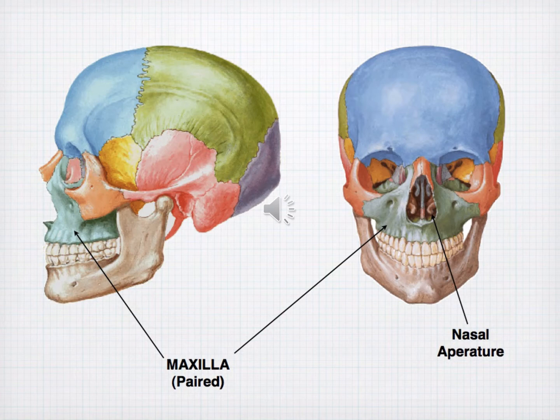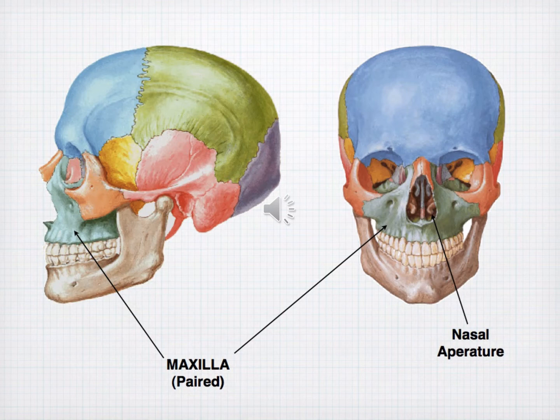The next bone I want to talk about is the maxilla. The maxilla is a paired bone, and it has two halves, left and right lateral. It has a nice midline, that articulation center, when you're looking at an inferior view. It also makes up half of your nasal aperture, or the opening for your nasal cavity.